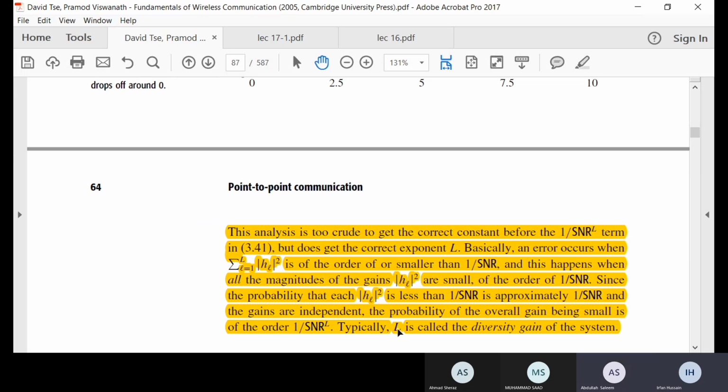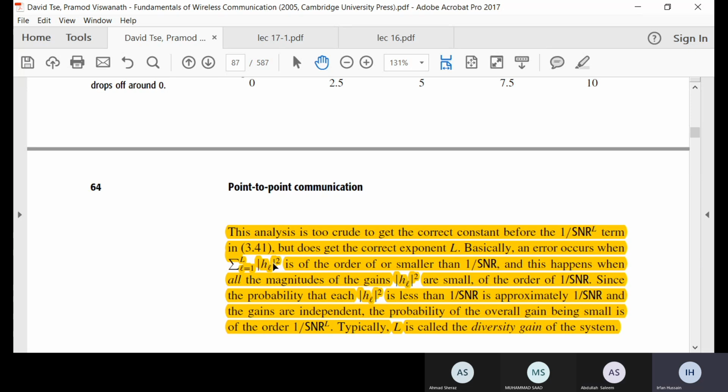Because when you are in industry, you have to remember these thumb rules. You don't have to do all these complex derivations. So the thumb rule that we have to remember is that even if you have L diversity paths, each of the diversity paths is simple CN(0,1).